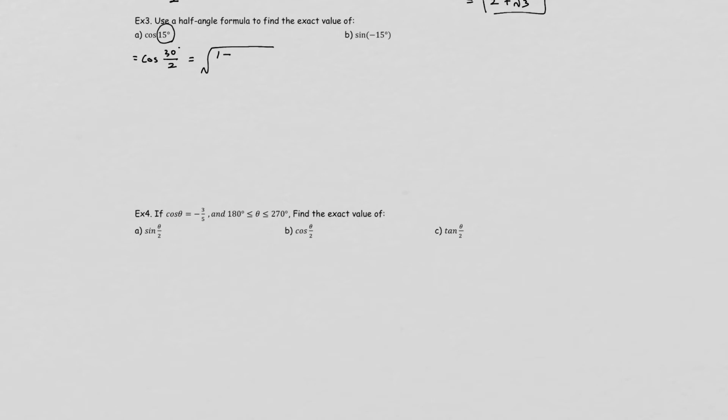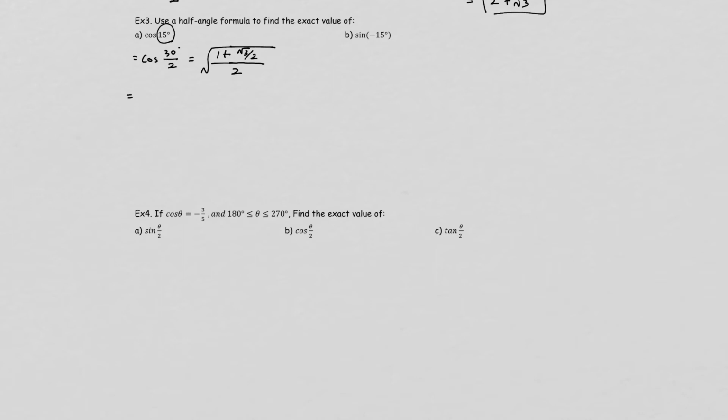So that's why I didn't put any sign, but that will be positive, right? And plus cosine 30 degree over 2. And what's the cosine 30 degree? Cosine 30 degree is going to be square root of 3 over 2.